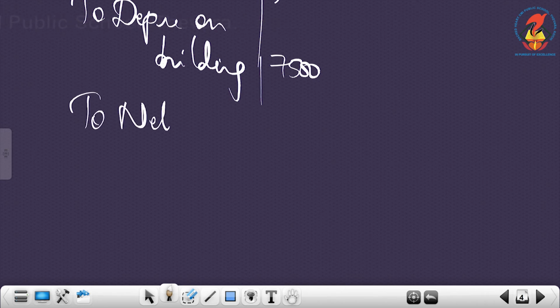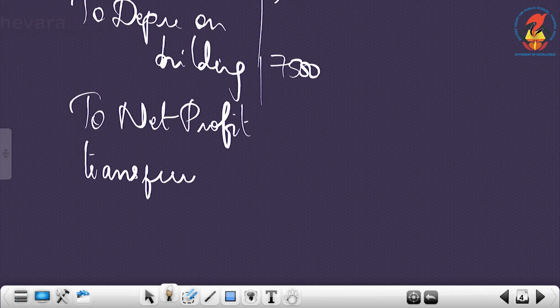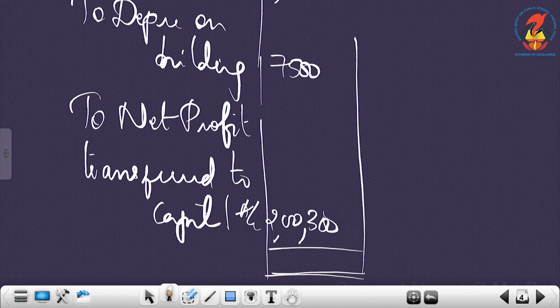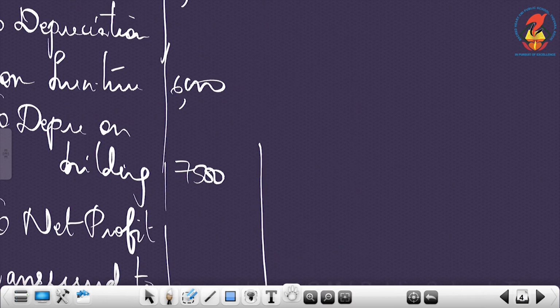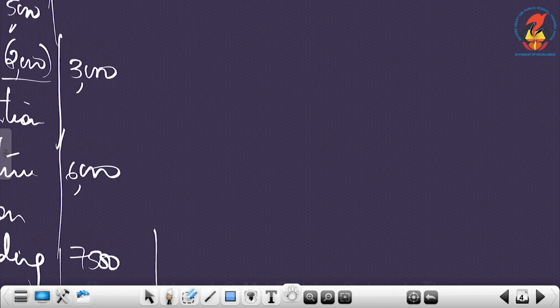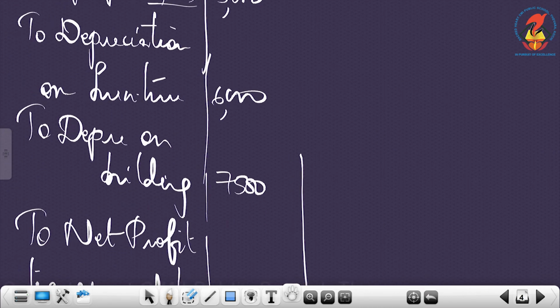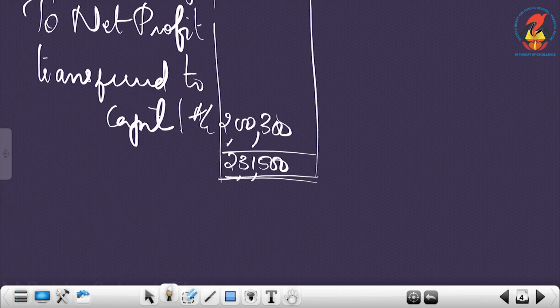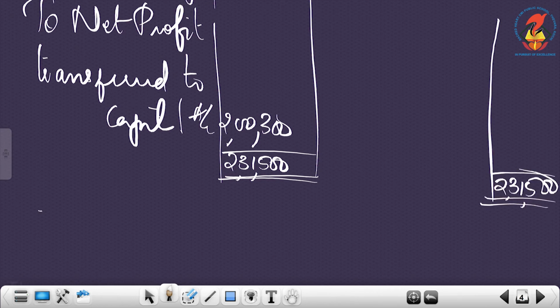So, to net profit transferred to capital account, the amount is 2,300,000. The total is 2,31,500. So, credit side also we will write the same amount, 2,31,500.